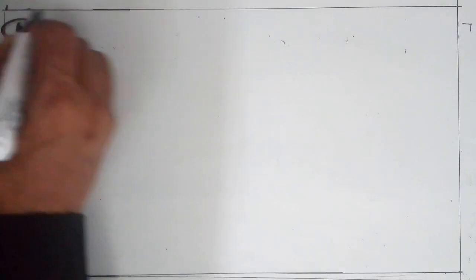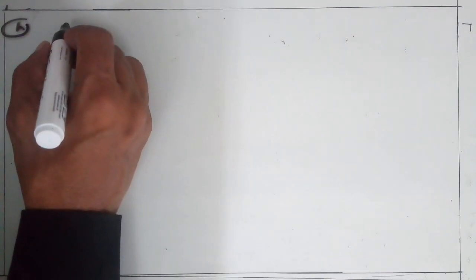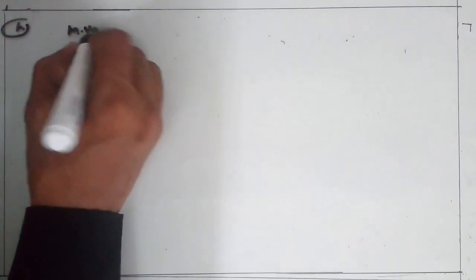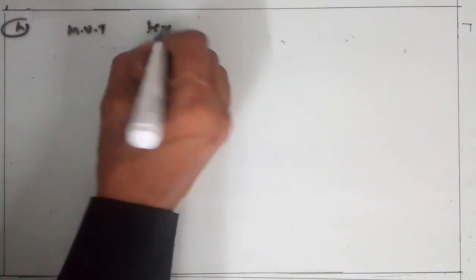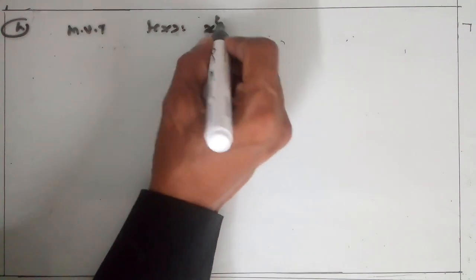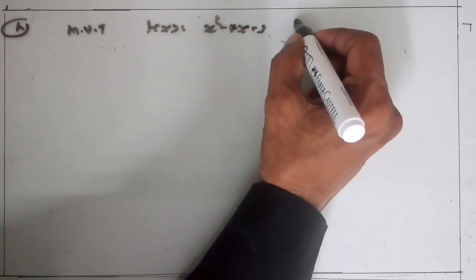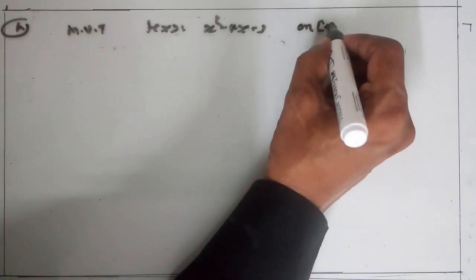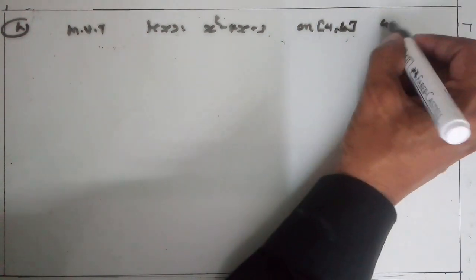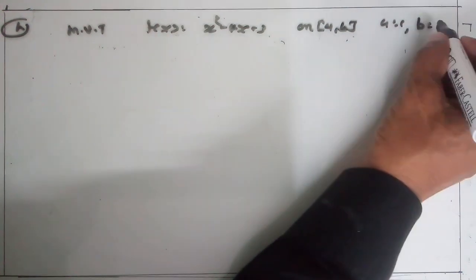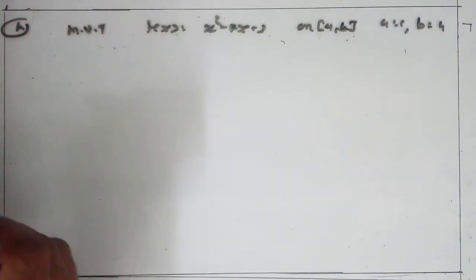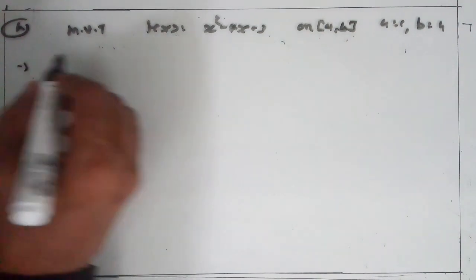Question number 4. Verify the mean value theorem, MVT, for f x equal to x square minus 4x minus 3 on the closed interval [a, b], where a is equal to 1, b is equal to 4. Verify MVT.